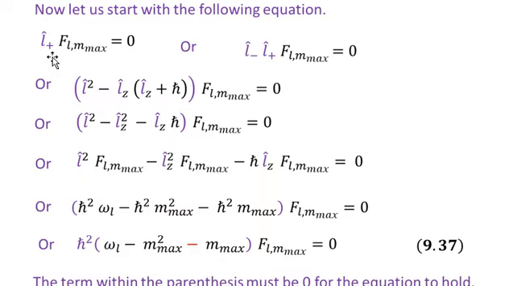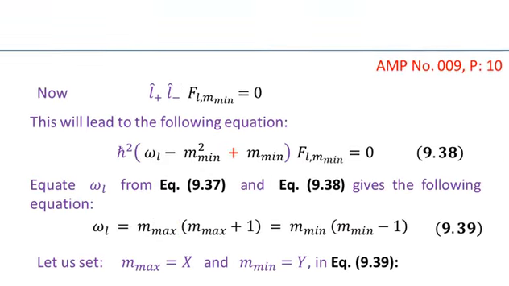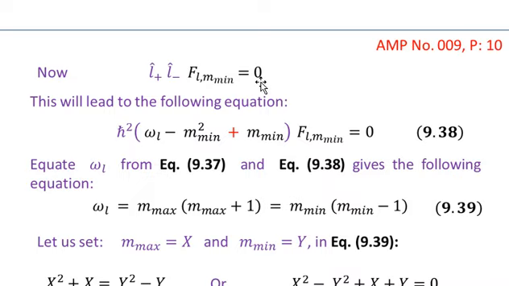Now I am choosing the reverse of that one, that is L minus operating on FLM minimum. So this is shown over here. The operator L plus L minus operating on FLM minimum will again produce 0.